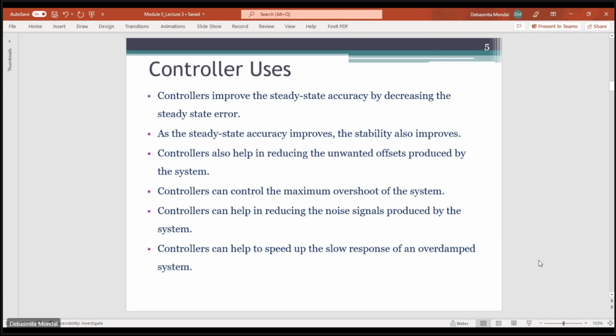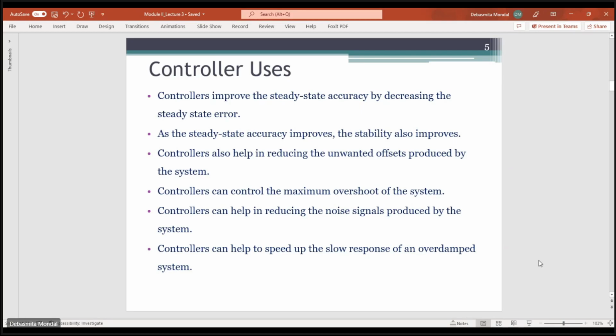Also, depending on the type of process you are trying to control, it can be a first order system or a second order system, depending on how it is connected. If you see the transient response of a second order system, that is, if you draw the output with respect to time, mostly there is a large oscillation present during the initial stages.